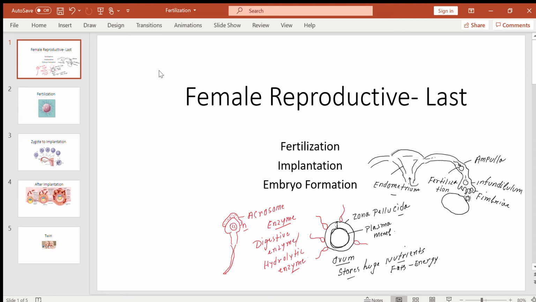One is called hyaluronidase. This is one, and another is called acrosin.